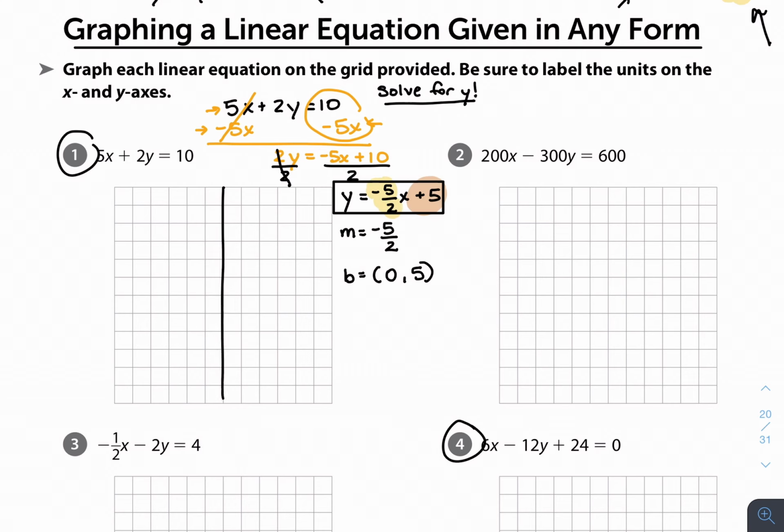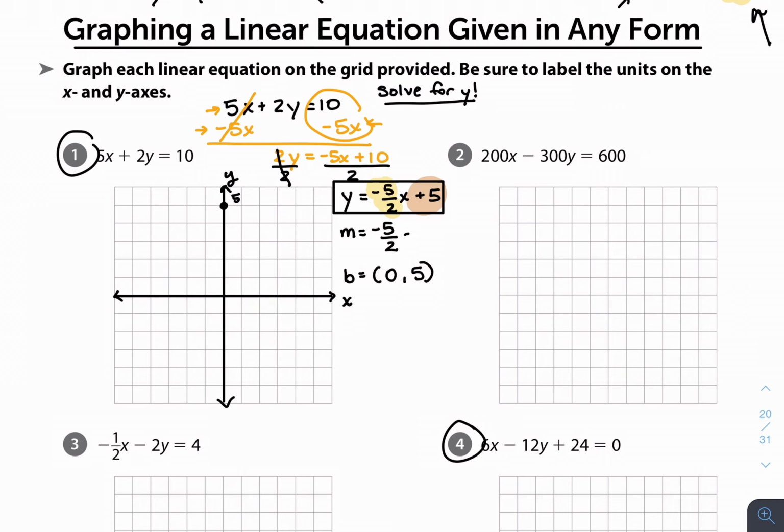For those of you who are graphing, you're going to draw yourself a quick x and y axis. I'm not going to number it. My y-intercept is 5, so I'm going to count up to 5, which is here.